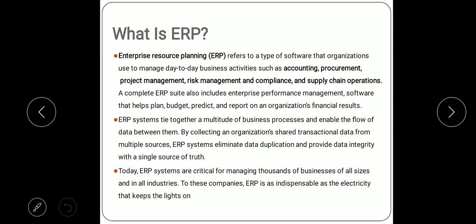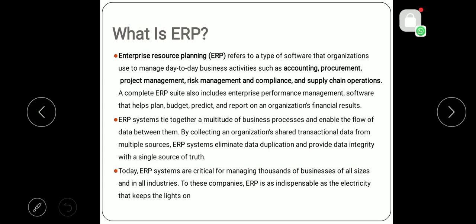A complete ERP suite also includes enterprise performance management software that helps plan, budget, predict, and report on an organization's financial results. ERP systems tie together a multitude of business processes and enable the flow of data between them.